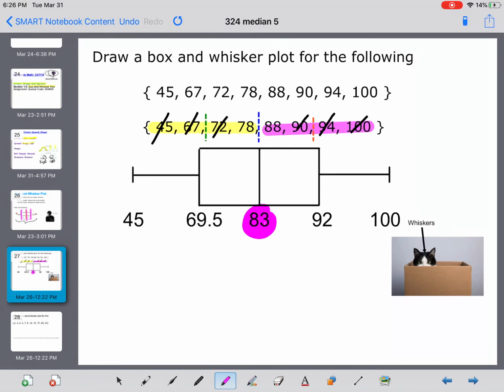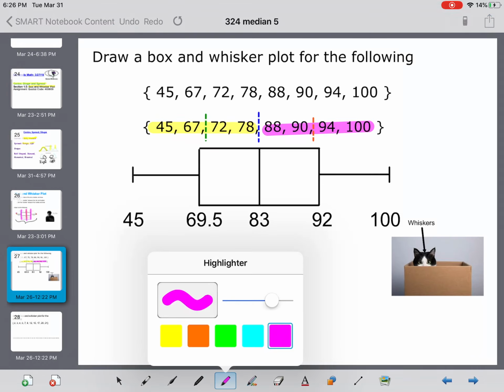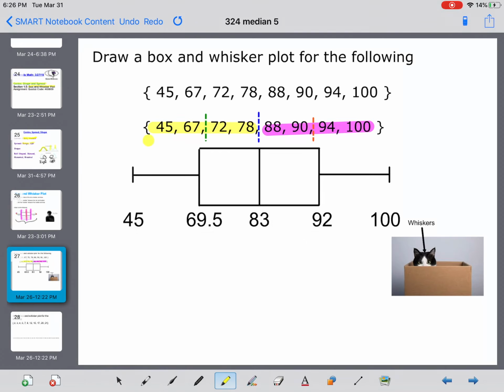We find the average of those two. So now what we do is we find the median of what's going to be the yellow part. See how this is highlighted in yellow? Well, we're going to find the median of these, which is 69.5. We do that by canceling from the outside of the yellow.